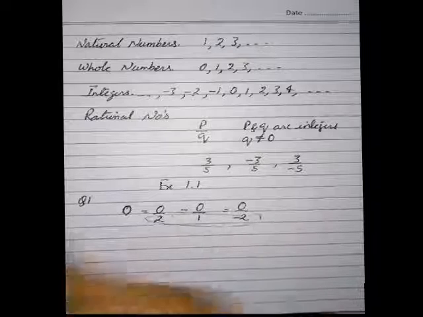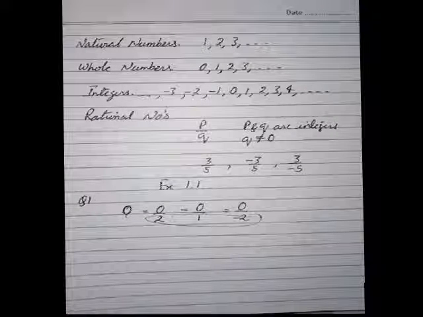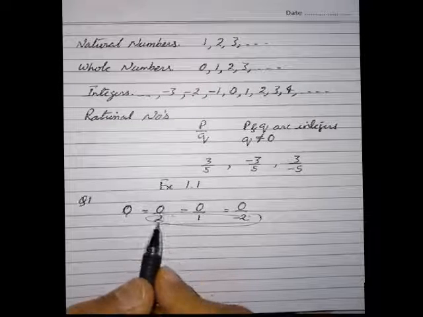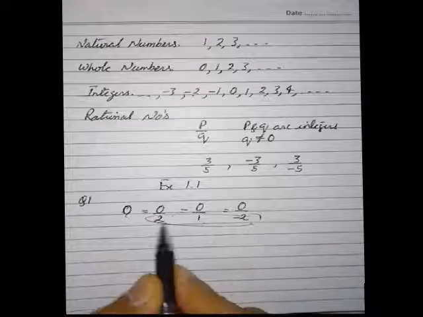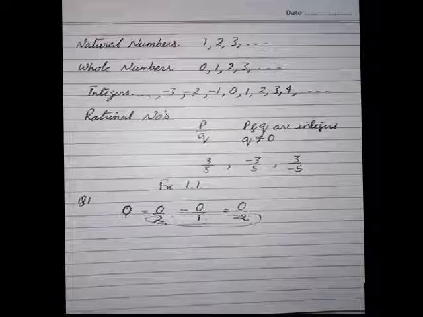All these values are integers, therefore 0 is a rational number, because it can be represented in the form p upon q, and here q is not equal to 0. Therefore 0 is a rational number.